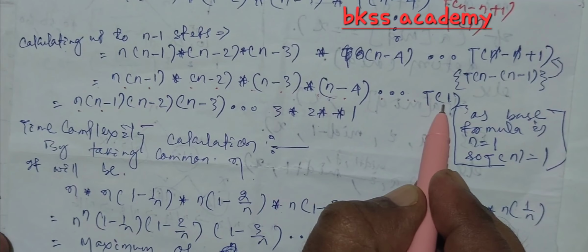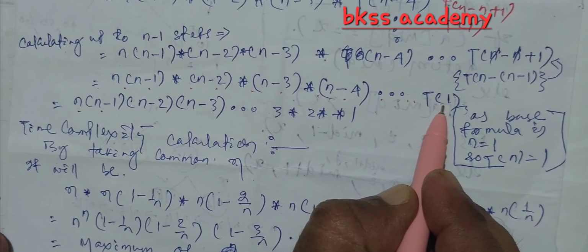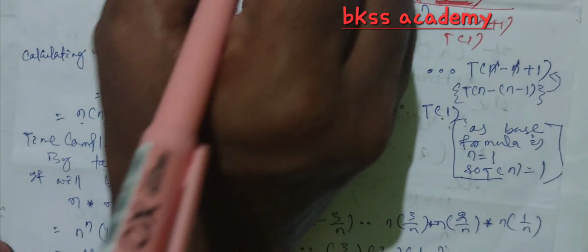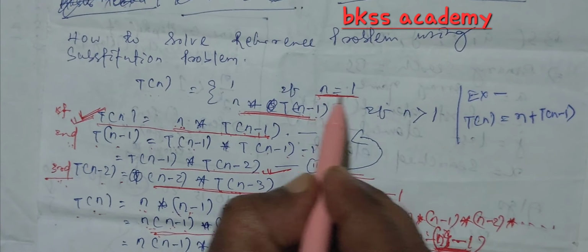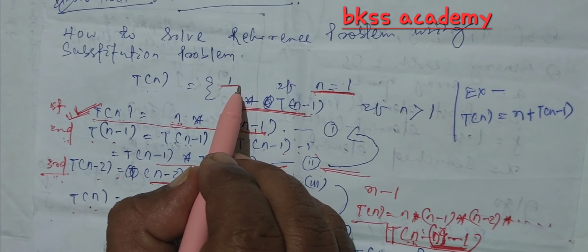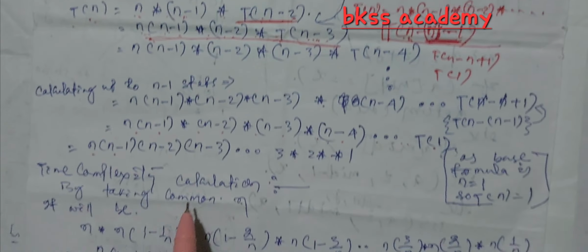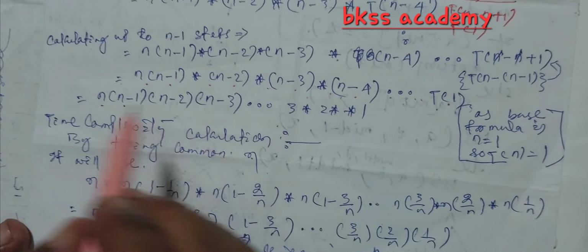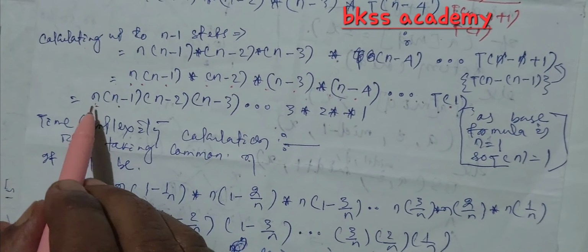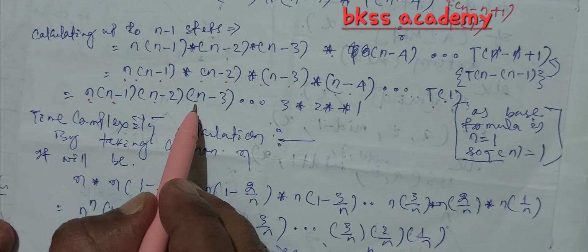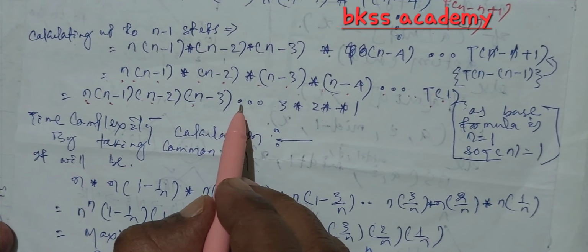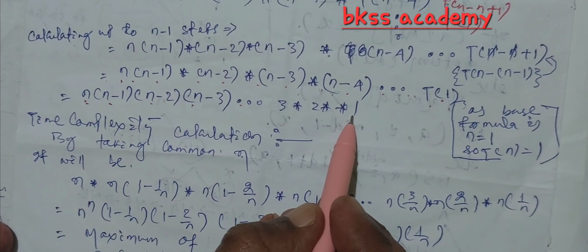But in the initial question, when n is equal to 1, the value is 1, so T(1) is equal to 1.